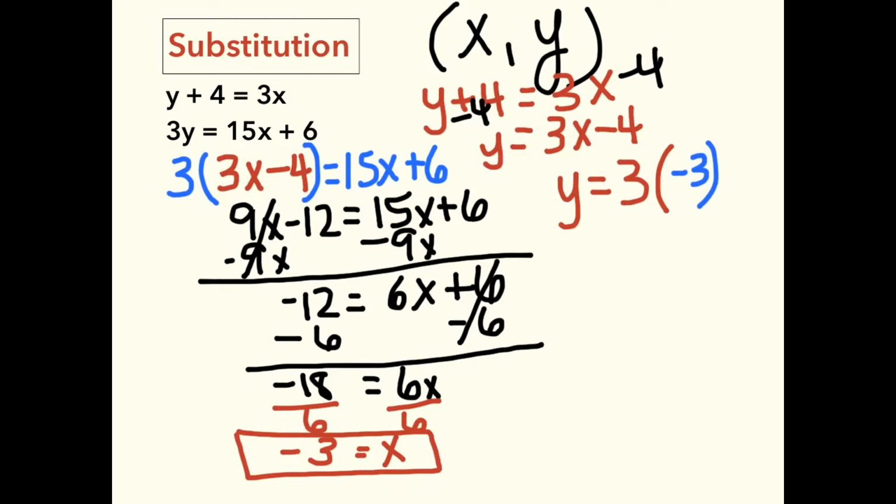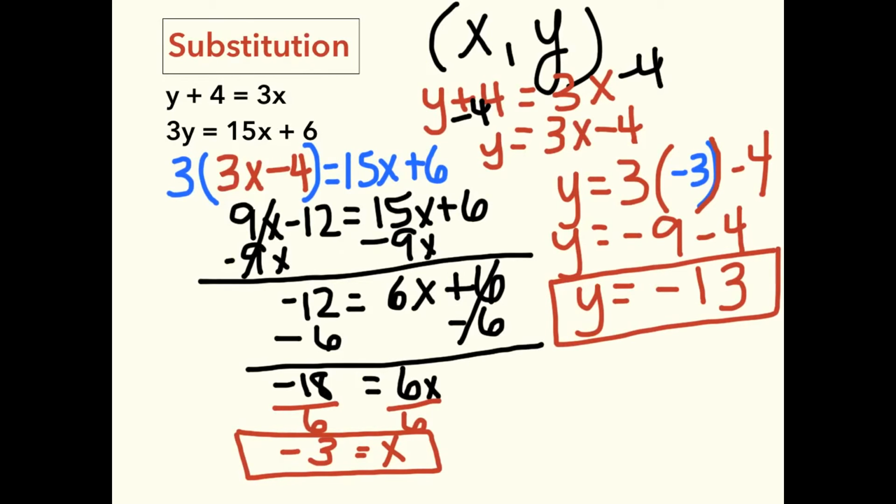And then we keep writing, minus 4. And then we just solve. 3 times negative 3 is negative 9 minus 4. And that's still y equals. So that means y equals negative 13.